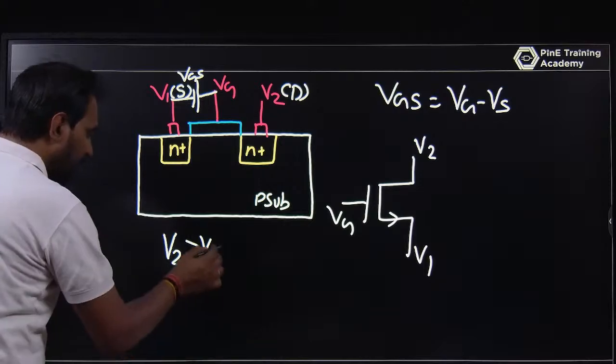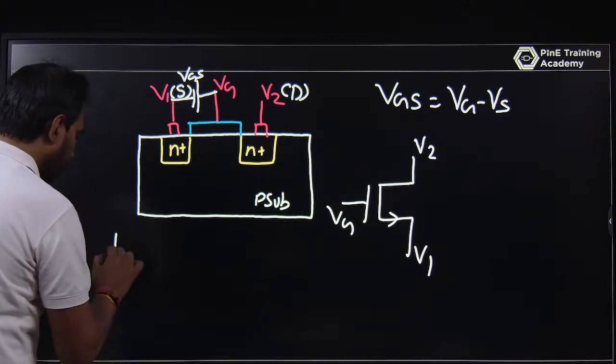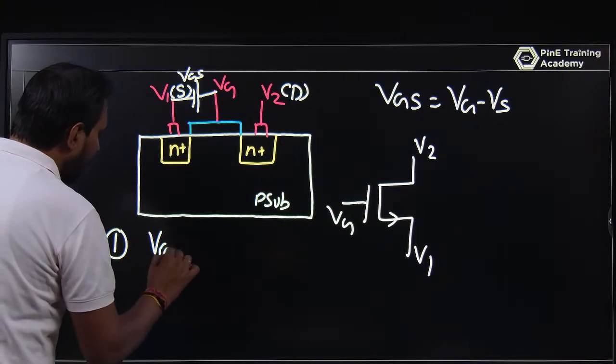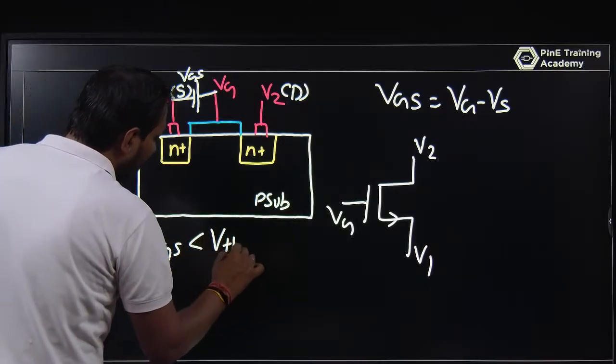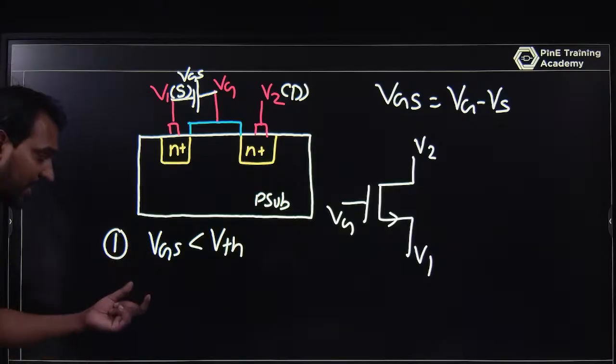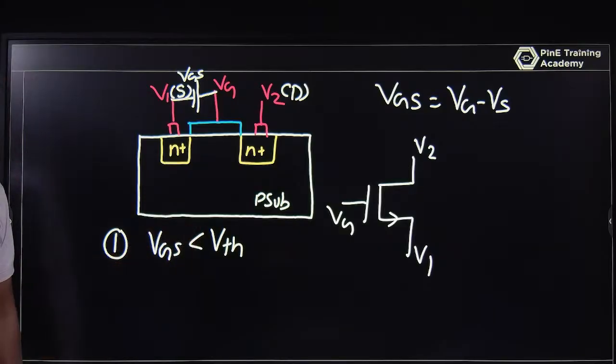The first case: if VGS is greater than 0 but less than VTH.